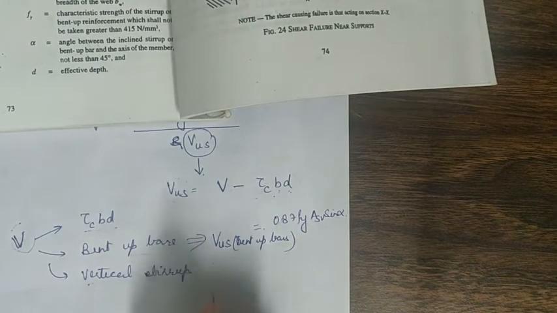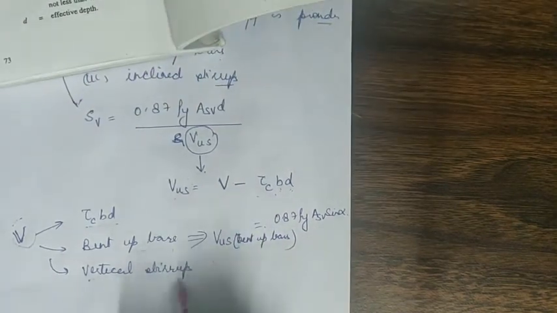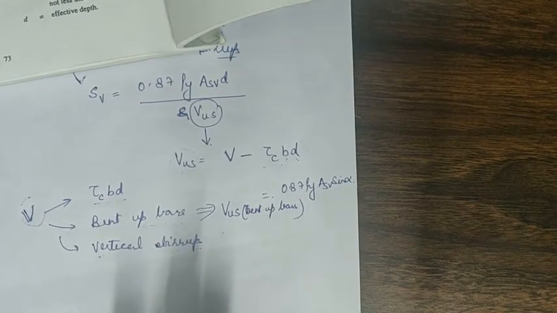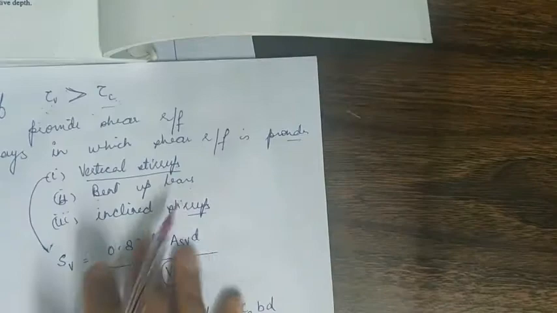Is it okay? Clear? So it means for the rest of the thing we will provide the vertical stirrups. So this is the way we will provide the vertical stirrups or the shear reinforcement.